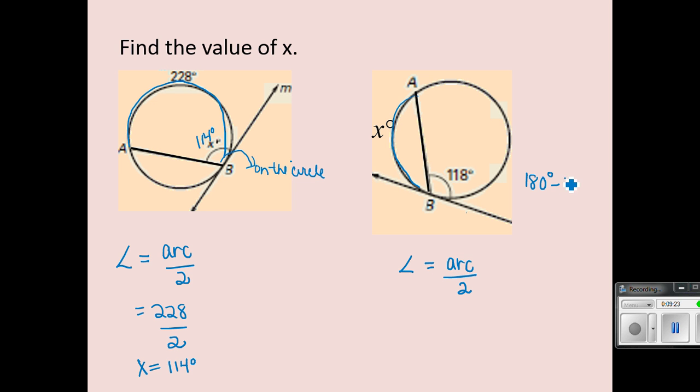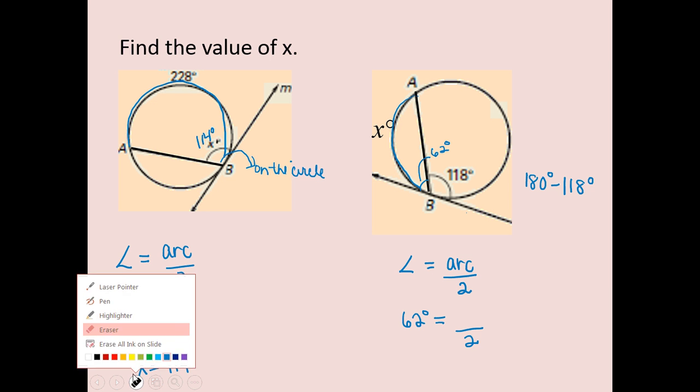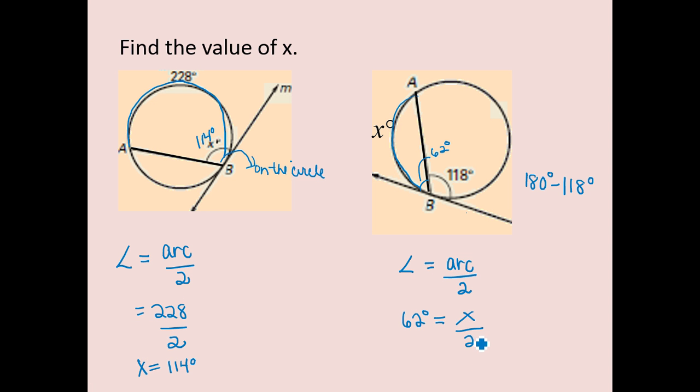If I take 180 minus 118, I will find out that this angle right here is 62 degrees. So I have my angle is 62 and my arc is what I'm looking for, which is I could go ahead and plug in an x there for the arc. And to solve for x, I would multiply both sides by 2, and I would get 124 is this arc over here.